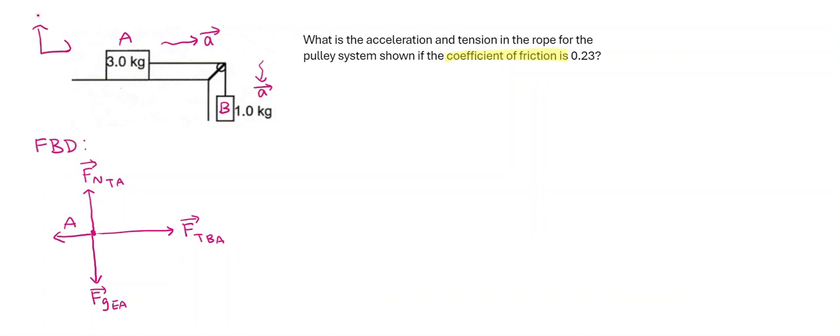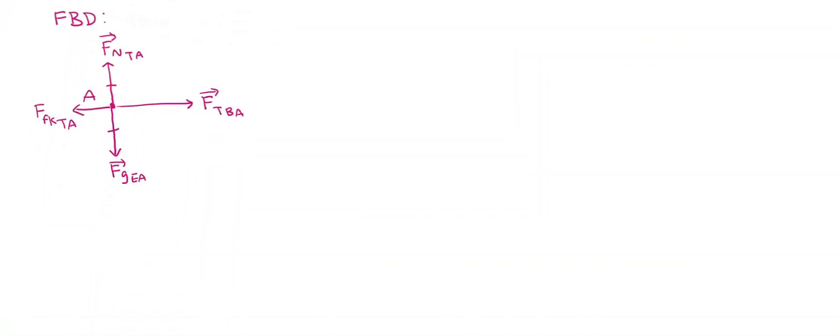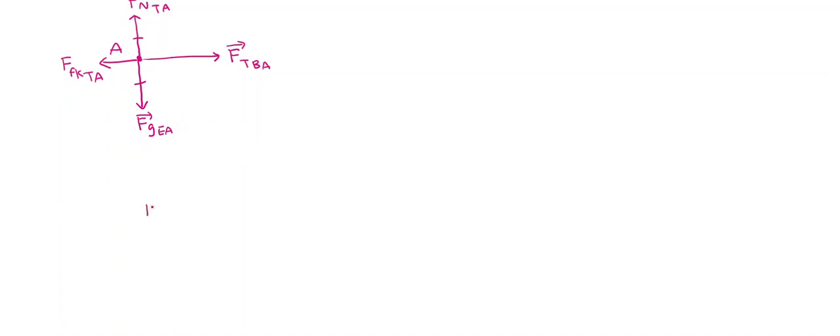So this is the force of kinetic friction of the table on A. I'm also going to add these ticks because the gravitational force is equal to the normal force. Okay, and then B is going to be simpler.